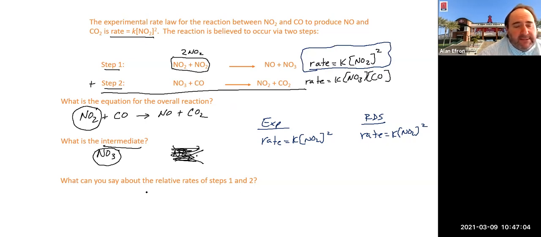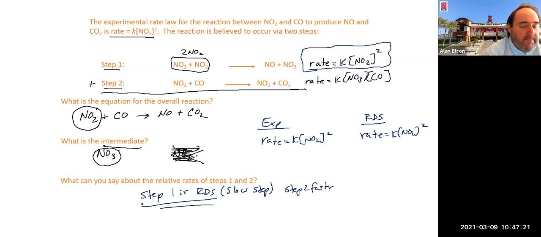So step 1 is the rate determining step, or the slow step, in this mechanism. Step 2 should be a faster step. Step 1 is really the part of the mechanism determining how fast the overall reaction will take place. Once it gets past that first step, it will probably proceed at a pretty good rate. Any questions on that?